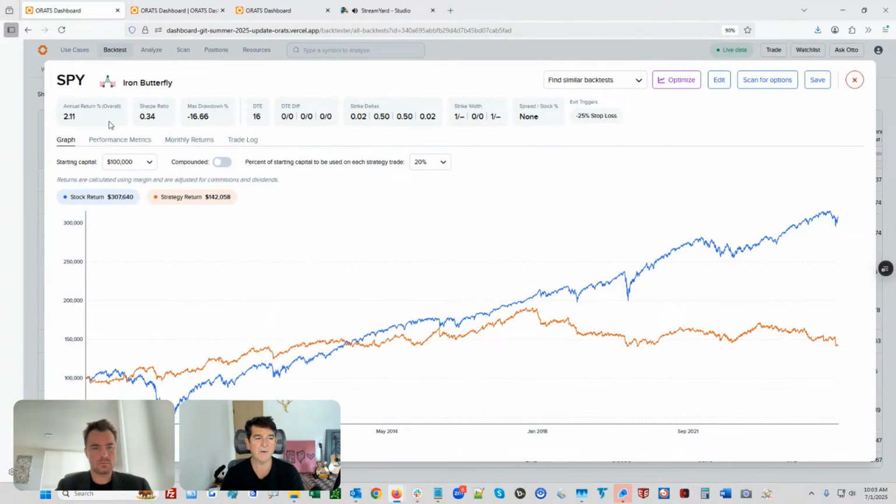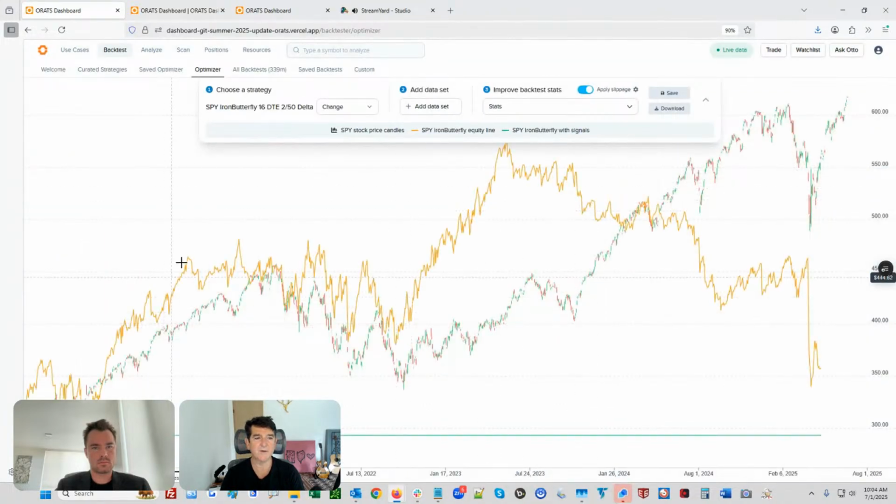So what we do is we get this backtest, and then we click optimize, a new button that we've put in here. And this is our new beta version of the backtester. We're looking for beta testers now, and we just want to make this as clear, easy to use, and valuable for people. So what we have here is a backtest overlaid on a candlestick graph of the SPY.